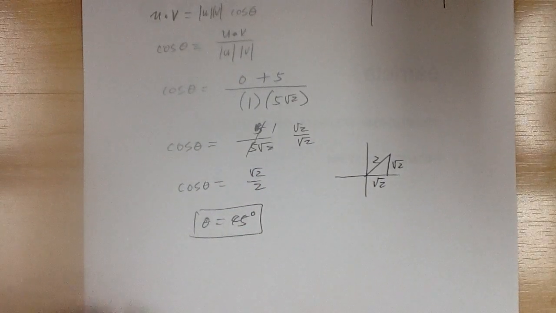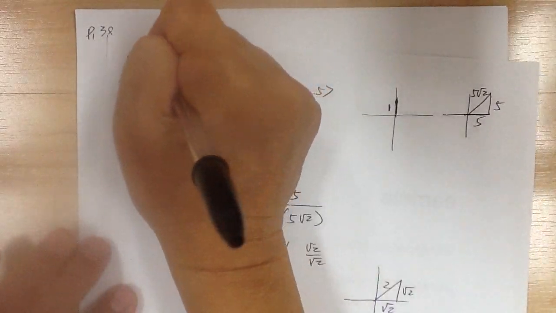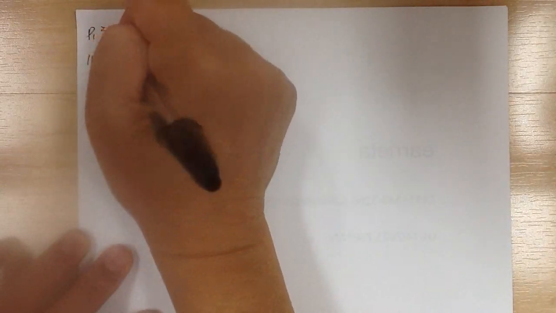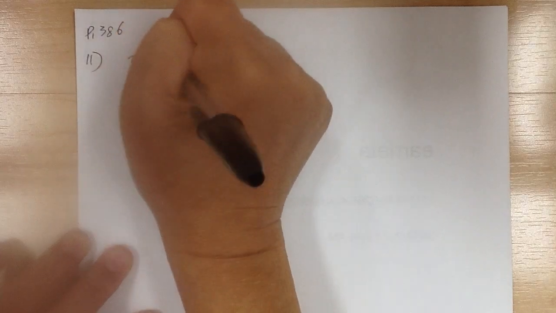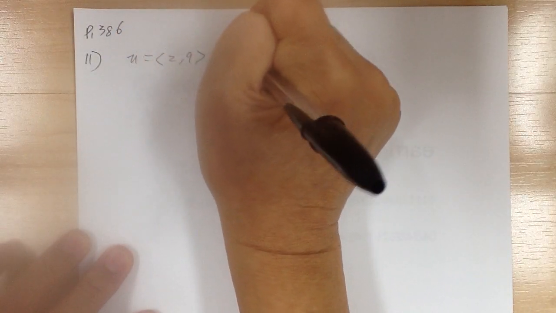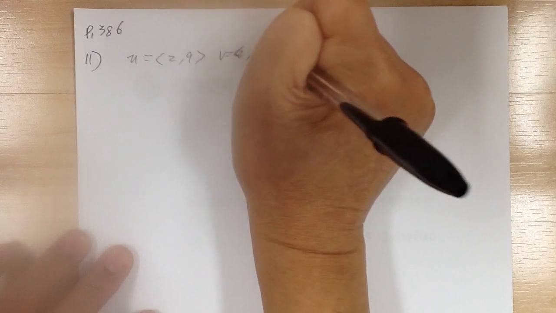Okay, 11. Next one. Oh, this is 386. Okay, number 11. You have u equal to 2 comma 9 and v equal to 2 comma 10.